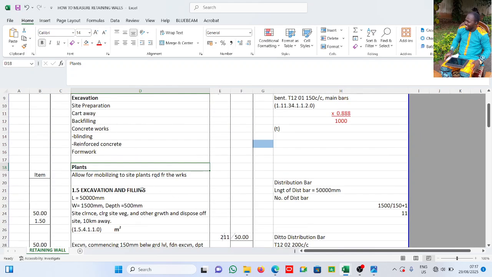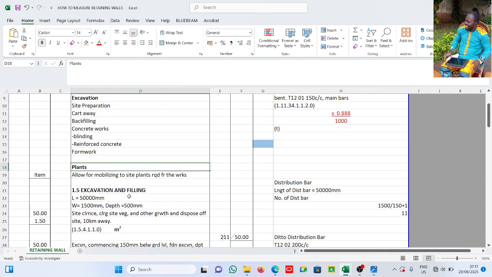So this is basically how you measure a retaining wall step by step: excavation, concrete, reinforcement, and formwork. Like what we just did here, the reinforcement are all Y12, but they have different spacing, both for the wall, the one at the front and the one at the rear.